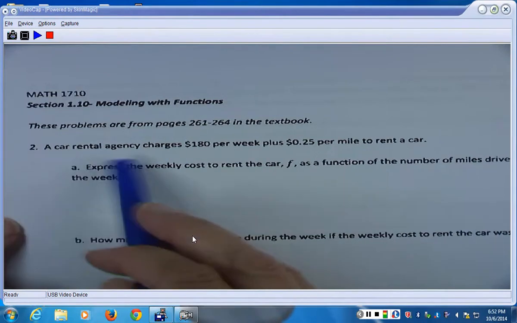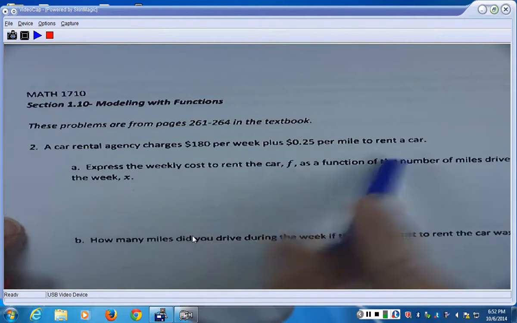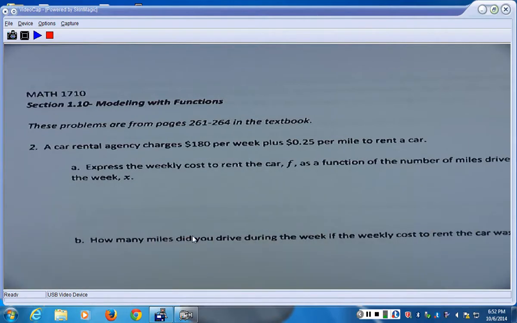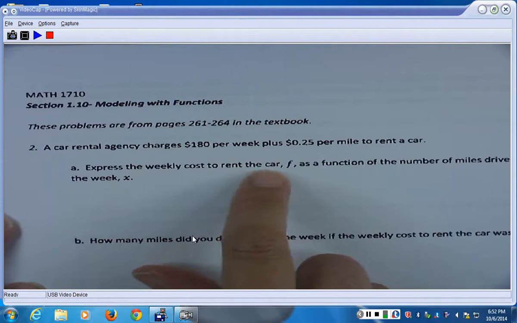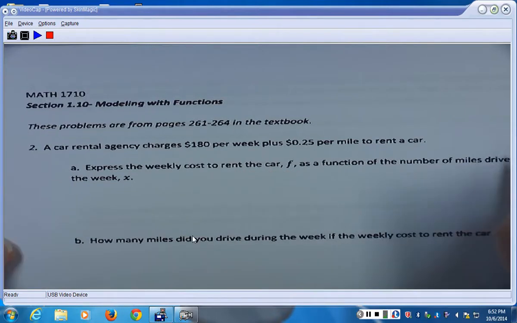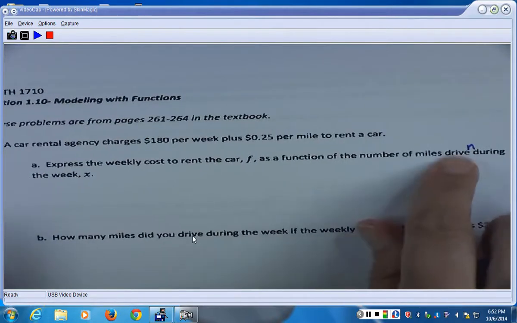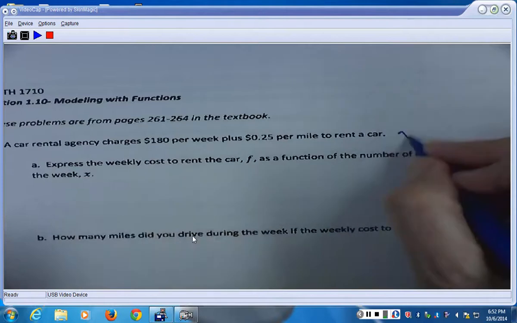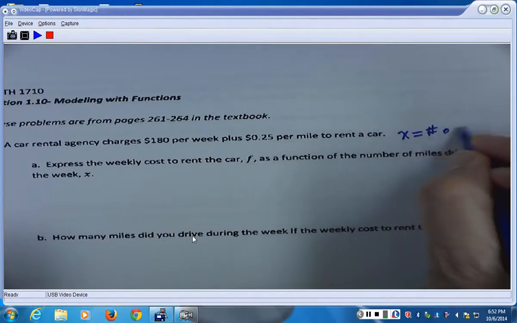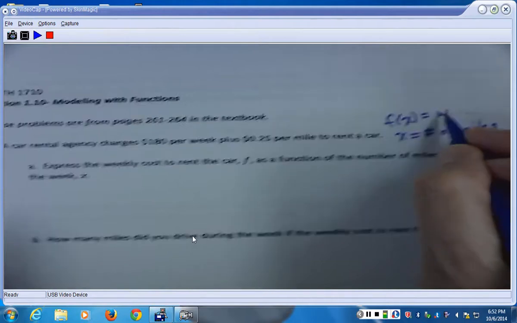A car rental agency charges $180 per week plus 25 cents per mile to rent a car. Express the weekly cost to rent a car, F, as a function of the number of miles driven during the week, X. So X is the number of miles driven. F of X is the weekly cost.